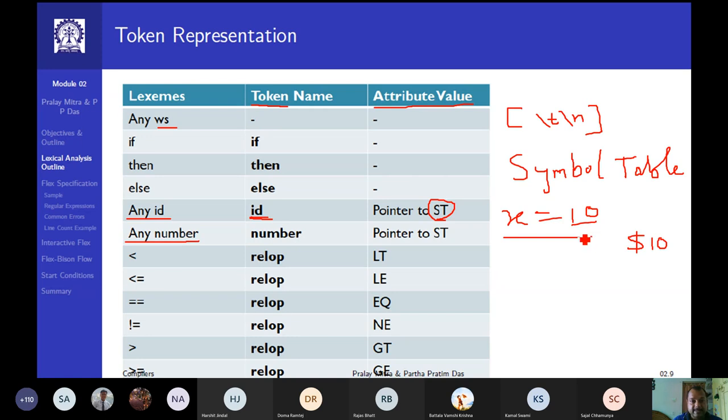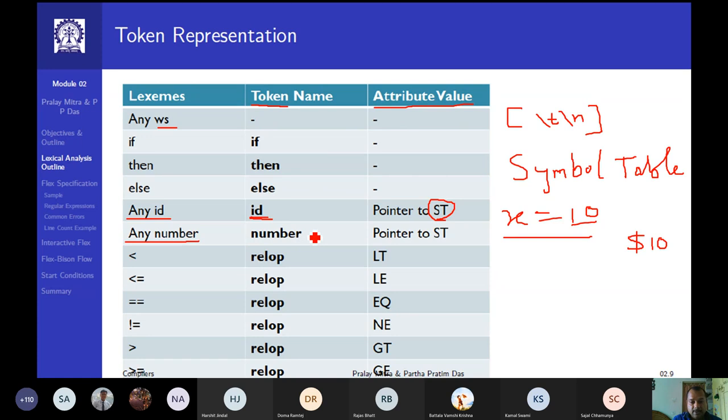At this stage, I am scanning, and after the scanning, the information I am storing, the variable name, I am storing to the symbol table. The constant, integer or floating point, that is any number, I am storing to the symbol table, and the pointer I am giving as the attribute value I'll attach with the token.